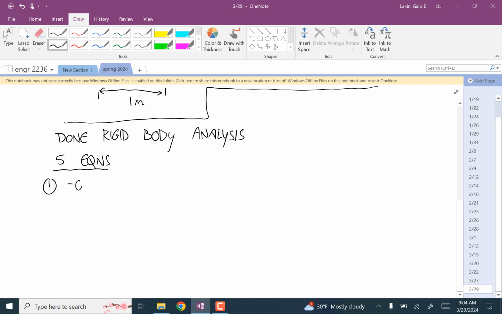Those are negative 0.5 F12x minus 0.866 F12y minus 1.6 repeating alpha 1 is equal to negative 21.24.